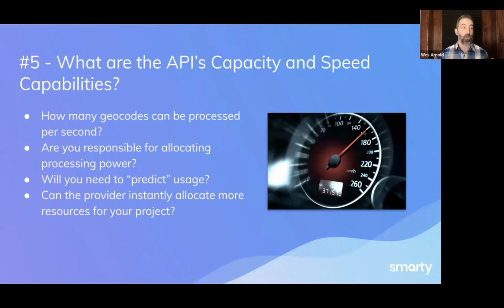Now, that's huge, but we're able to handle it because of the way that we're set up. So ask yourself, can they handle that many geocodes? It doesn't have to be 70,000, but can they handle the bandwidth that I need? And are they going to make me responsible for allocating processing power, or can I just turn it on and let it run?